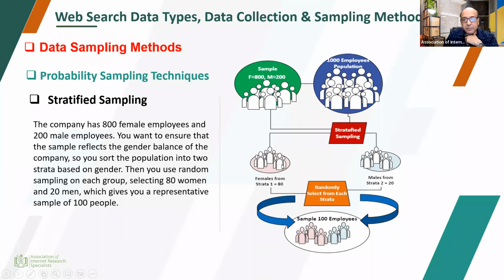Okay, so there is a sort of ratio maintained only because the entire population is split into 80% female and 20% male. So if 100 is the sample that you want to deal with, or the number of employees is to be 100, you have an 80-20 ratio.